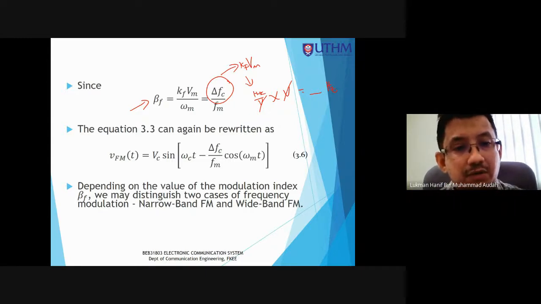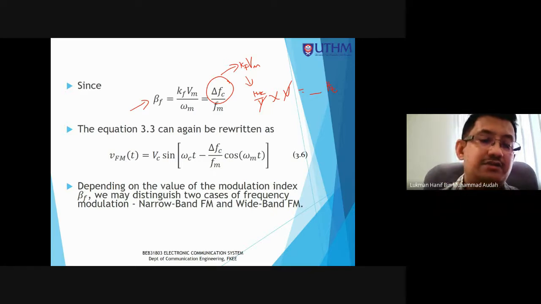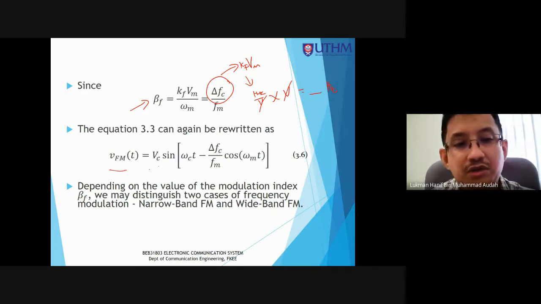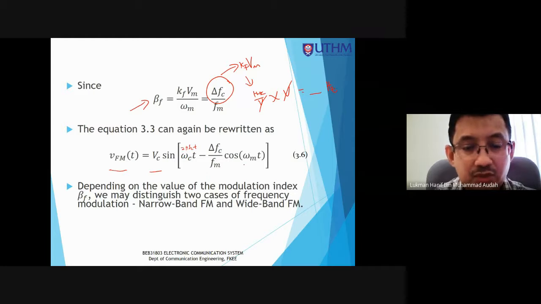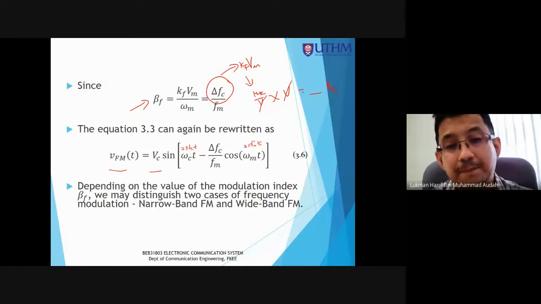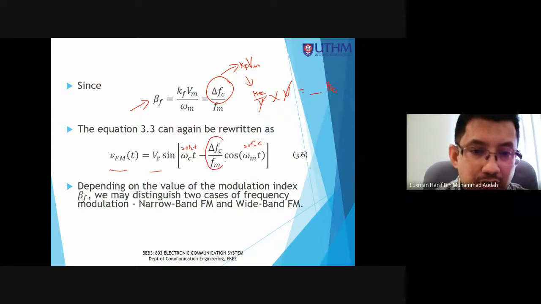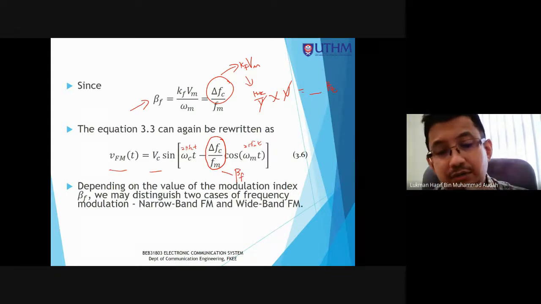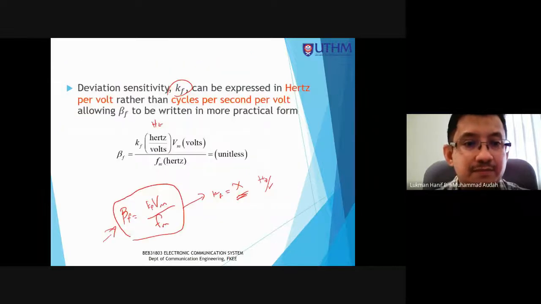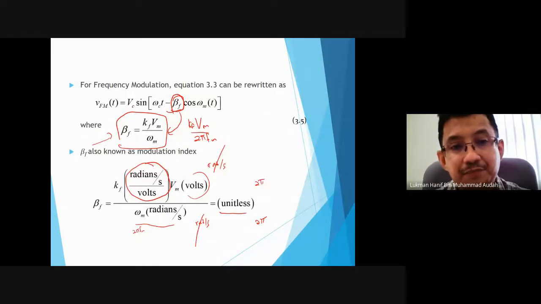So therefore, we can rewrite the equation to be like this. Vfm(t) is equal to Vc sin[omega c t, or you can write 2 pi fc t, minus delta fc over fm cos omega m t]. Here also you can write 2 pi fm t. Boleh juga. Over here you can also write in terms of beta f.